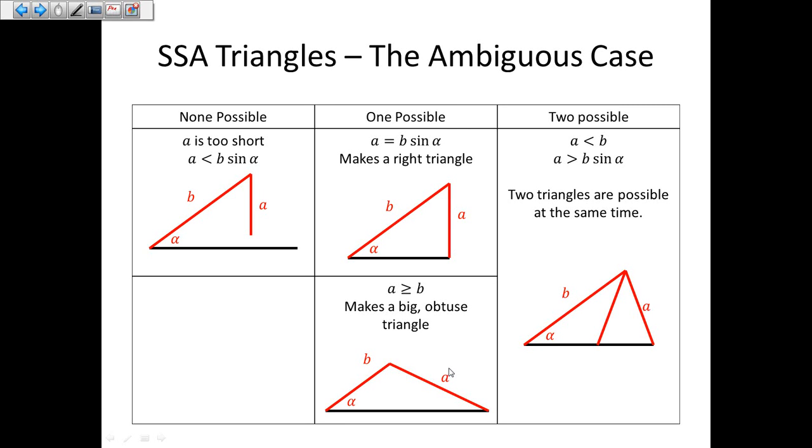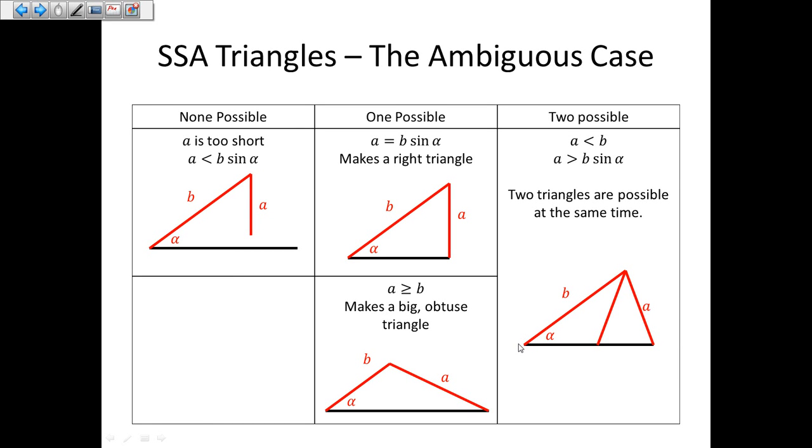Or if A is much bigger than B, there's only one big obtuse triangle possible. But if A is big enough, but not too big, there might actually be two triangles possible. This one right here, or this one right here.